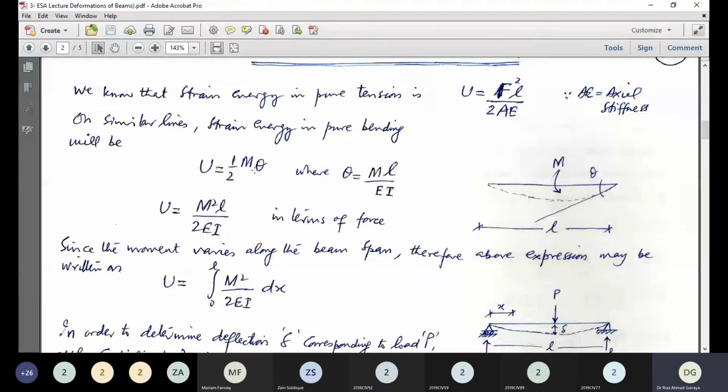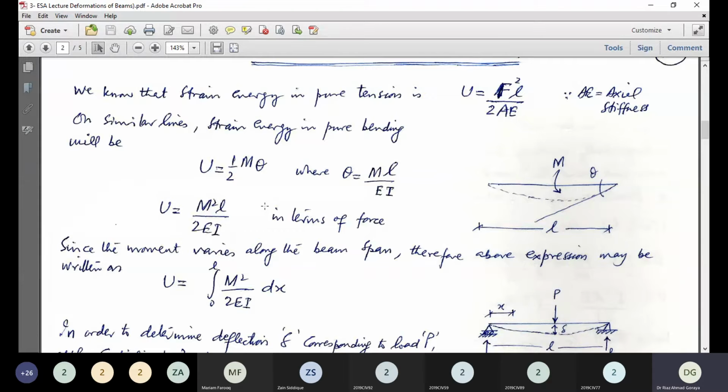Whereas the very well-known equation is theta equals ML over EI. Now substituting the value of theta in this basic equation of strain energy, this results in strain energy equal to M square L over 2EI.